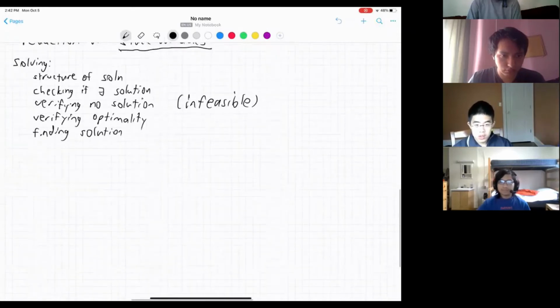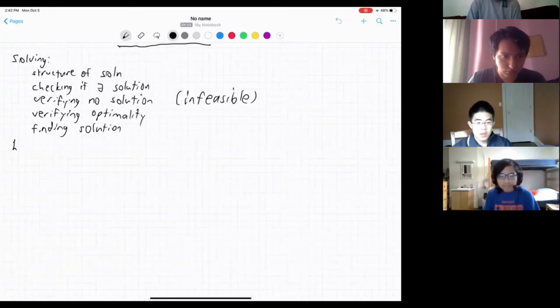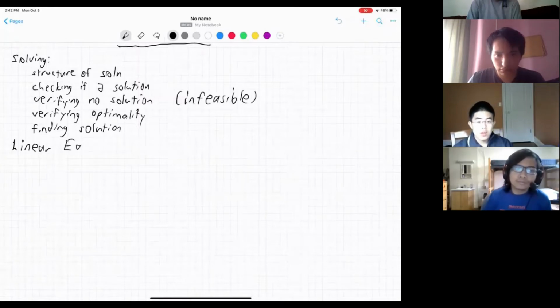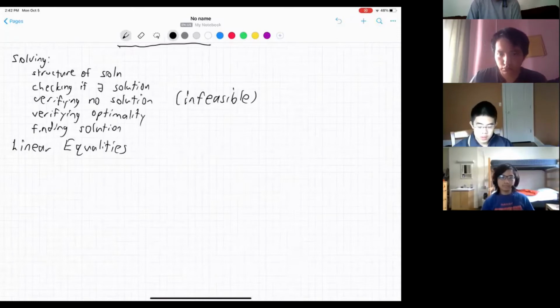Okay. And actually, we're not even going to start with linear programming. We're going to start by asking all of these questions about systems of linear equalities instead of linear inequalities. Because in doing so, we're going to prove a number of lemmas that we need for the general problem of linear programming, and we'll also gain insight in how we attack these things in this simpler case.